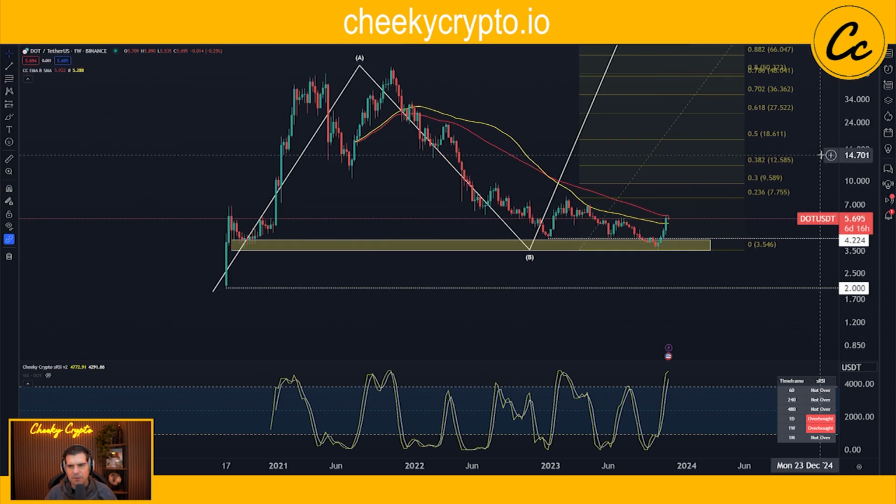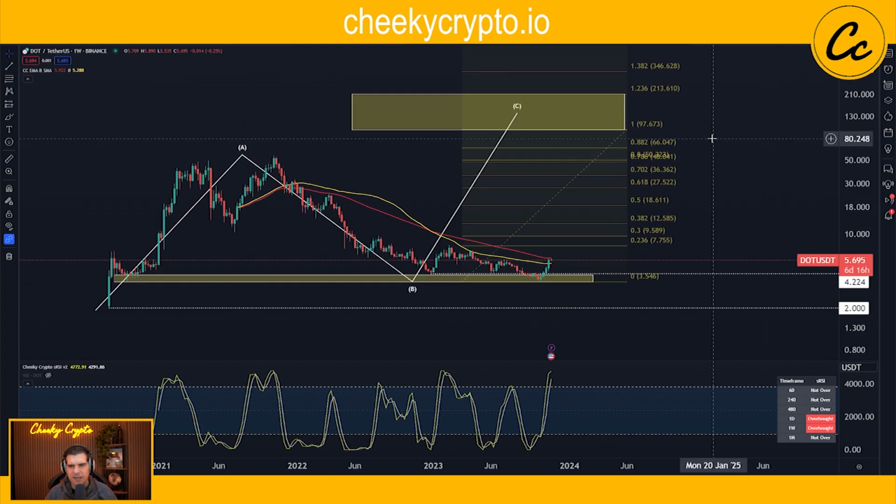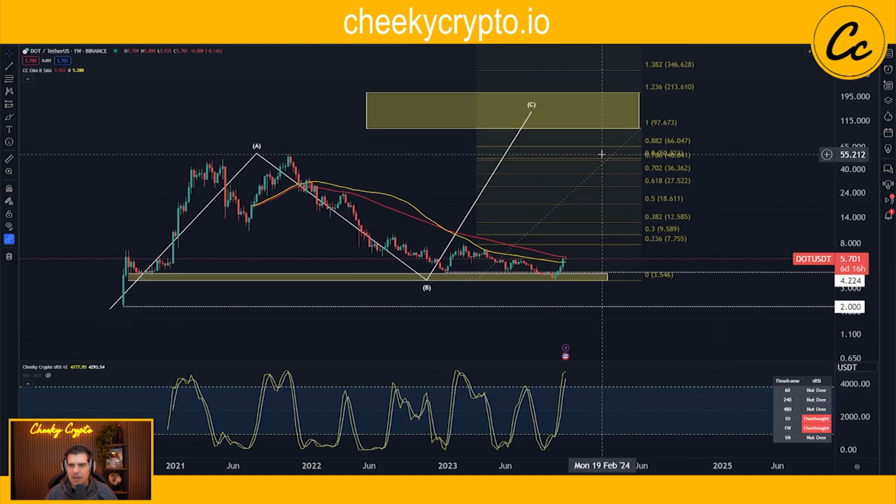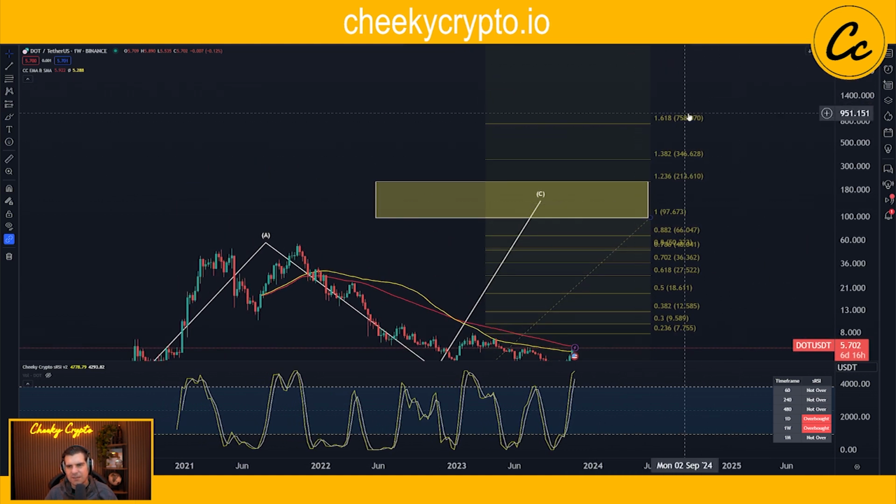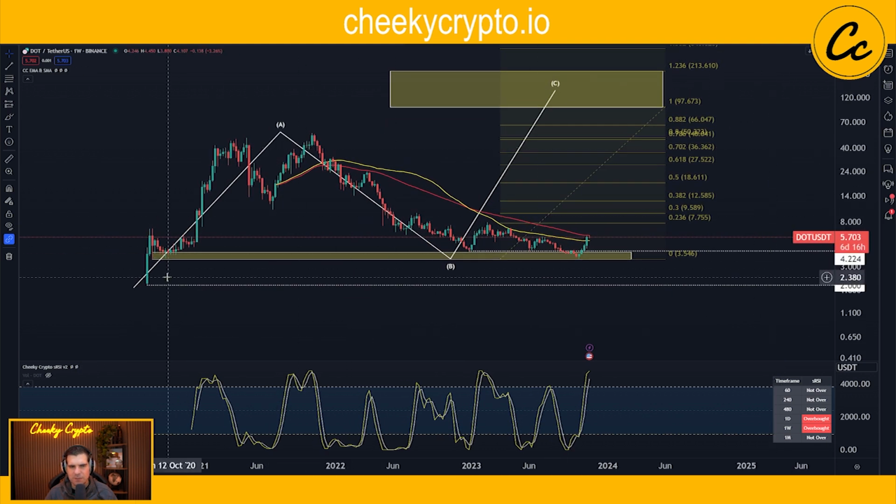Now, in terms of price appreciation, it has some pretty decent levels. We will be talking about $100 Polkadot, potentially upwards towards 200, basically 97 to 213. Again, we could exceed this, but it's yet to be seen because we didn't have a huge performance back in 2021. We don't really know what this looks like yet. It can be very impulsive.